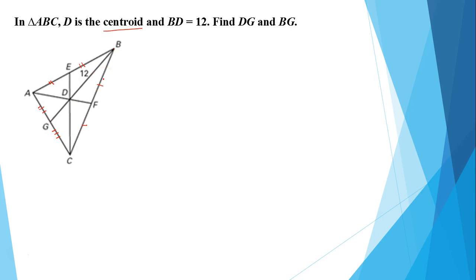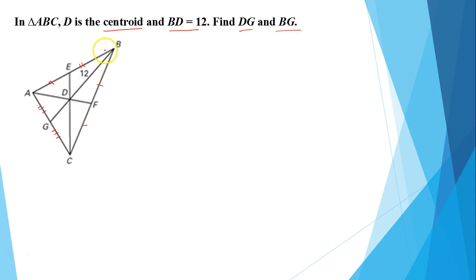Okay, so that's enough about that. This question is asking us, if we know that D here is the centroid and BD, this length right here, is 12, find DG and BG. Well, now you have to remember the centroid theorem for this problem.